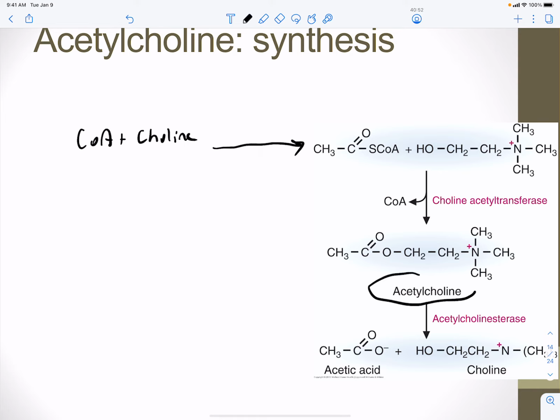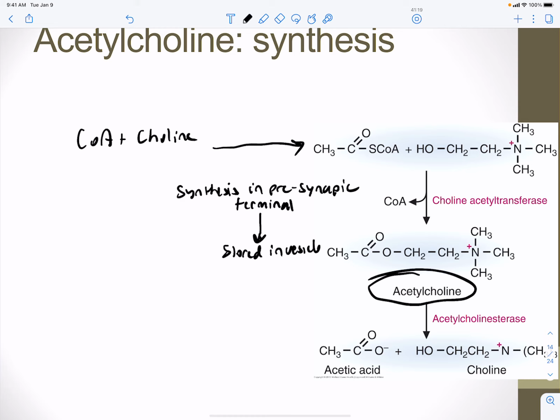And this will generate acetylcholine, via choline acetyltransferase, and it's going to be synthesized in the presynaptic terminal. It's going to be stored in vesicles. And it's going to be released via calcium-mediated exocytosis.